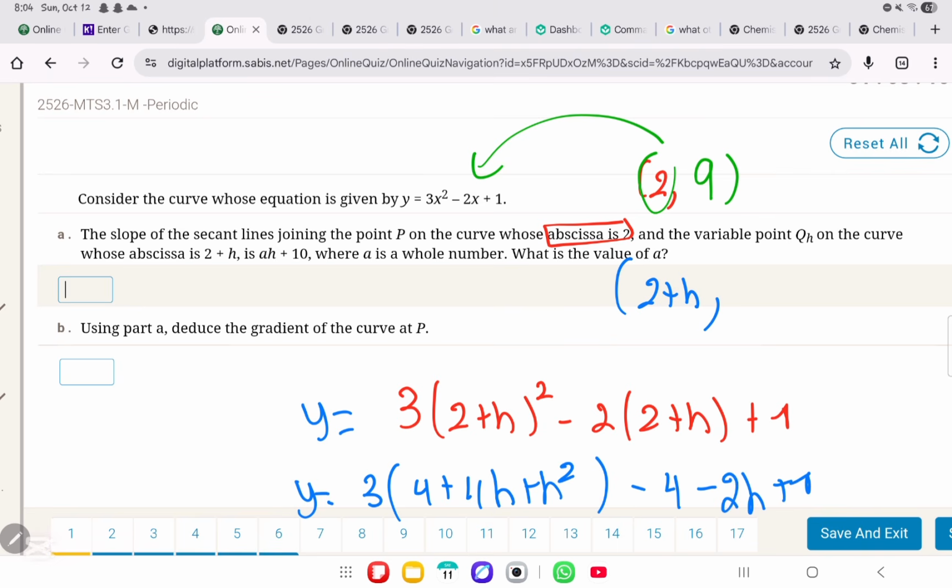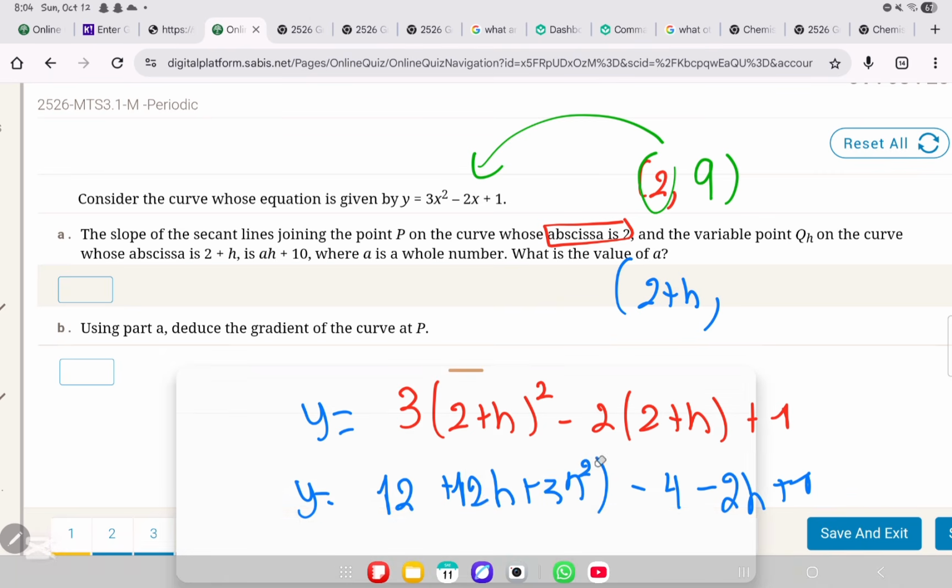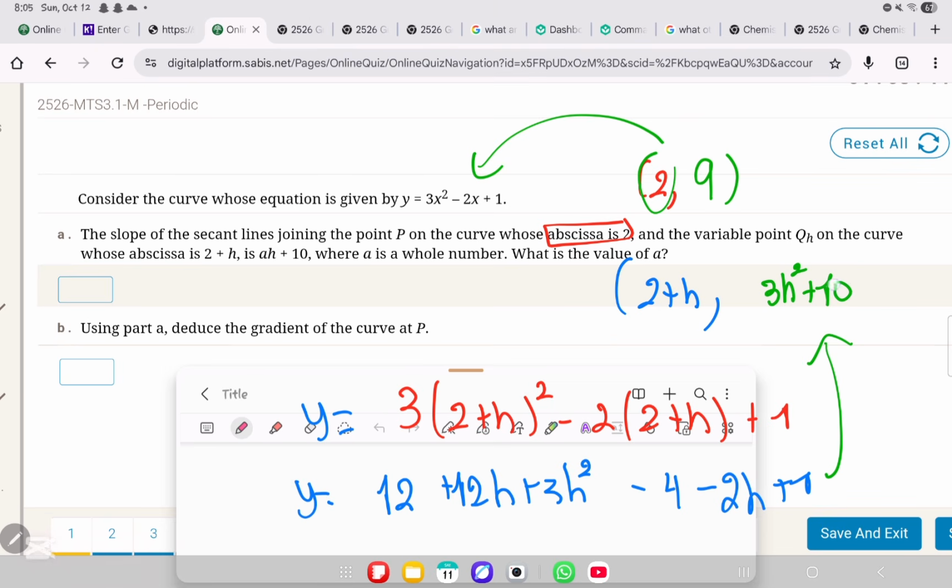Now after more expansion, it's going to be 12 plus 12h plus 3h squared. So this is 3h squared. Now we need to solve it. You need to simplify it. Plus 10h plus 9. And just like that, what do we have? We have the value of our y.